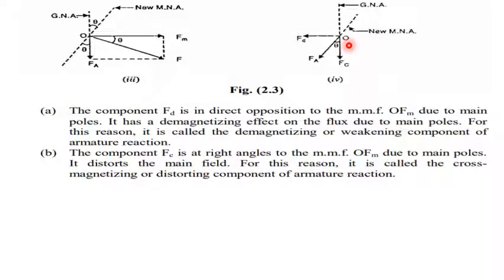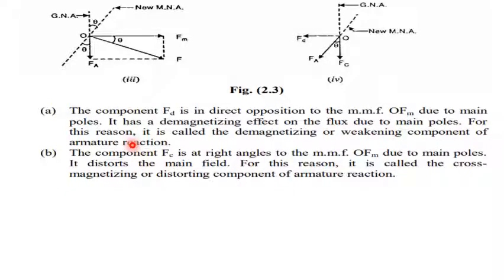Similarly here also, the armature flux force is resolved into two components: one is the cross magnetizing component, and one more is the demagnetizing component. Here it is given that the component FD is in direct opposition to the MMF OFM due to main poles. It has a demagnetizing effect on the flux due to main poles. For this reason, it is called the demagnetizing or weakening component of the armature reaction.